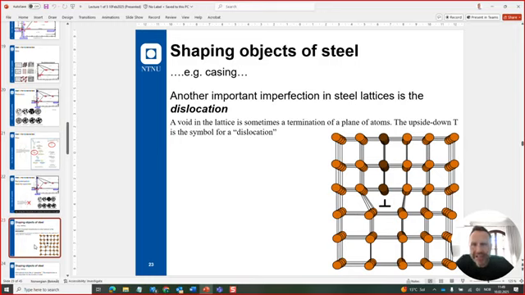You see a steel lattice in the picture below, and it has a sign like an upside down T, showing that a plane of atoms ends. You will have an imperfection in the lattice. These imperfections are crucial to the behavior of steel and the way of shaping the steel into casing or whatever you're doing.